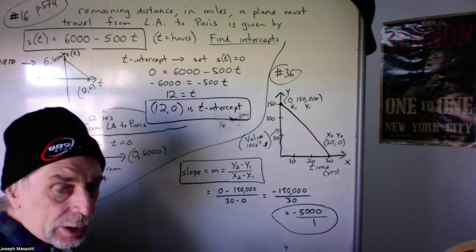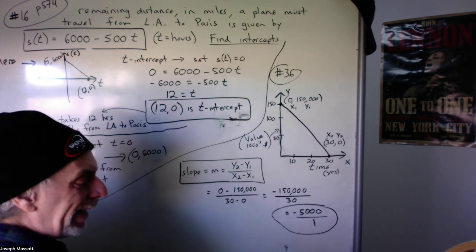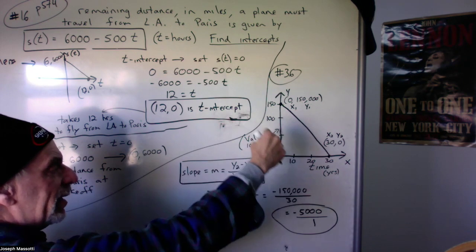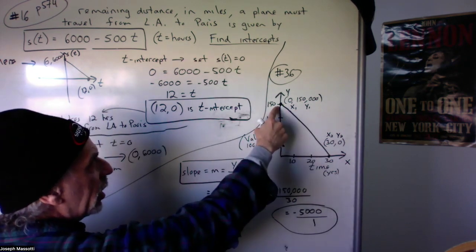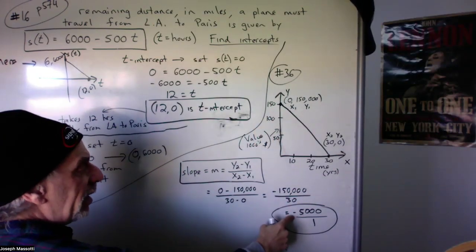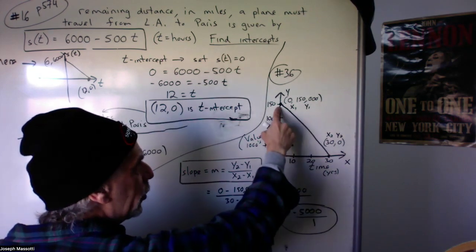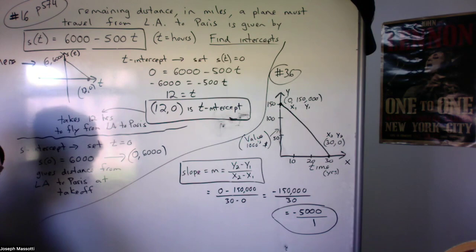That's the meaning of the slope, right? For this change in x, there's this accompanying change in y. And we can see that at that rate, after 30 years, the building is going to go from $150,000, 30 times 5,000, that 150,000 is going to go down to 0 after 30 years.